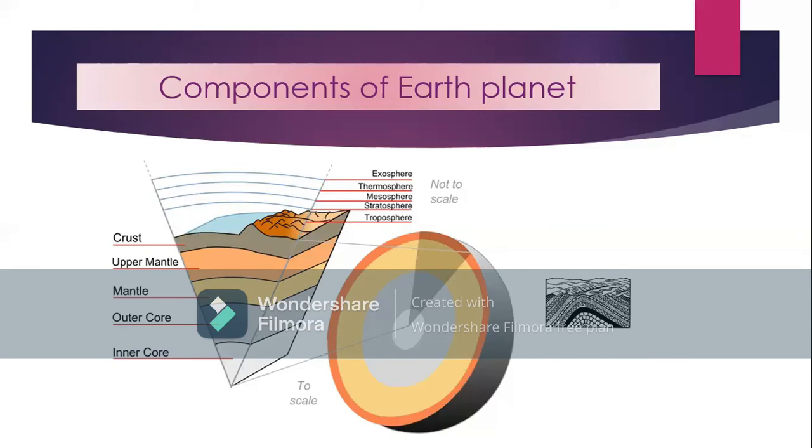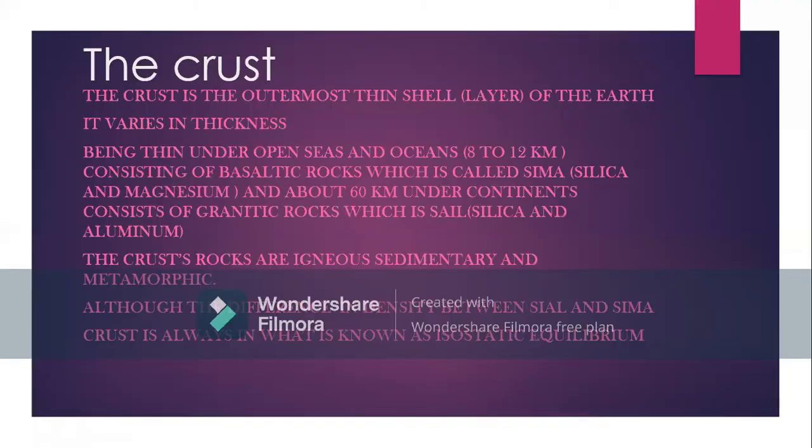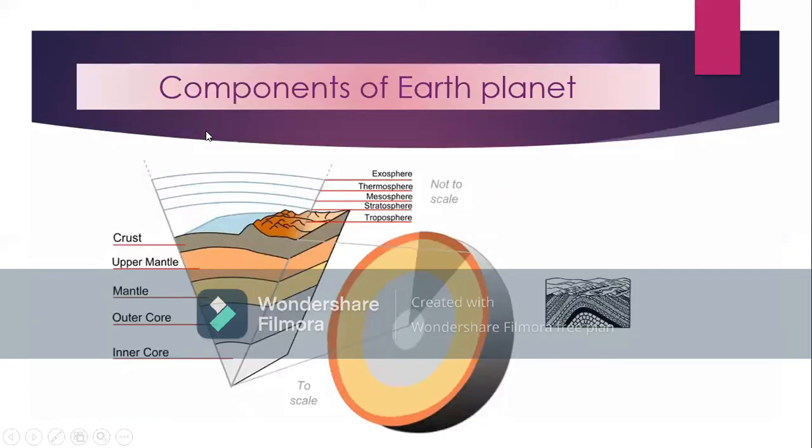We will talk about the crust, where we live. The crust is the outermost, thin shell layer, the thinnest shell layer of the Earth. It varies in thickness. This is the continental plate, and we will, inshallah, teach it in detail.